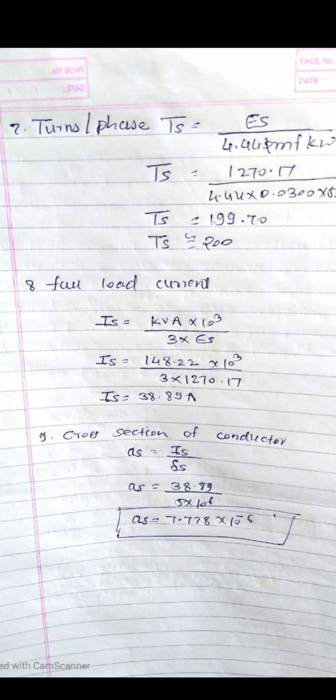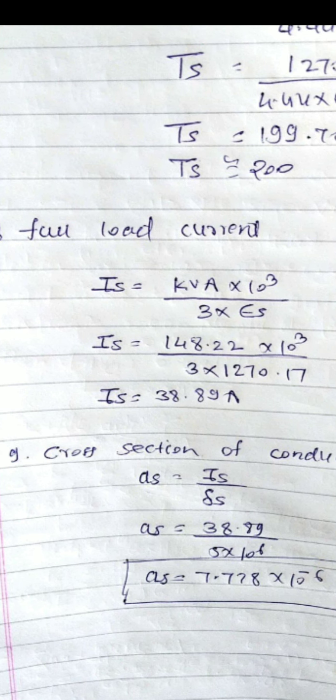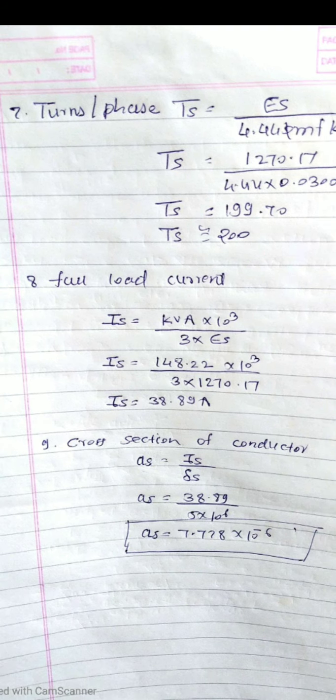After that, full load current. The full load current IS is equal to kVA into 10 raised to 3 divided by 3 into ES. Put the value and IS is equal to 38.89 ampere. Next is the cross section of the conductor, that is the area.